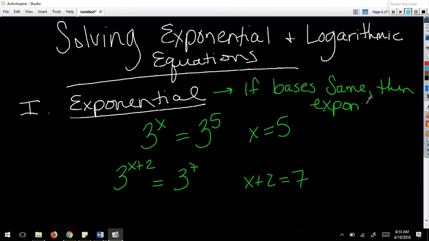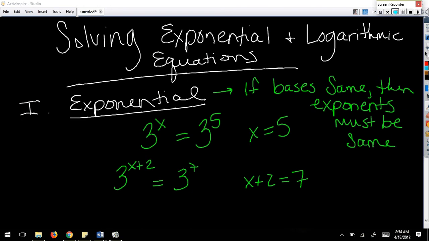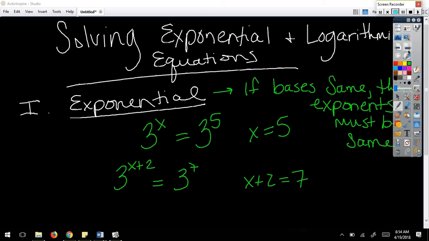then the exponents must also be the same. Let's kick it up just a little bit. Expand on this just a little bit.